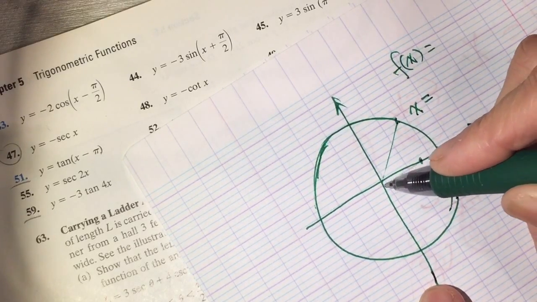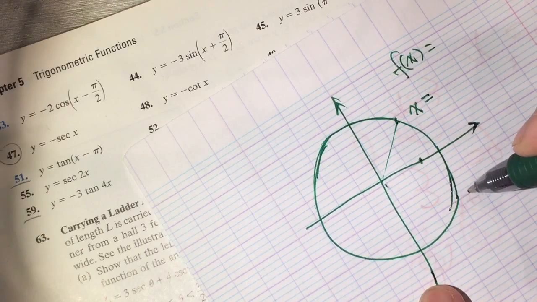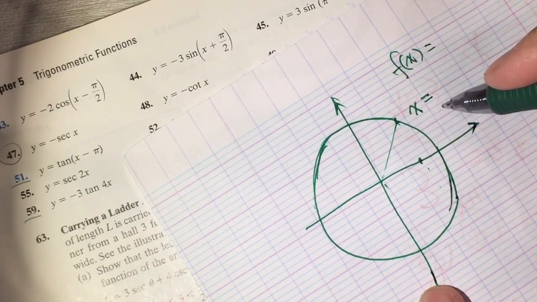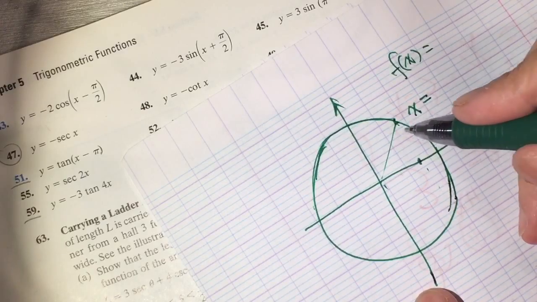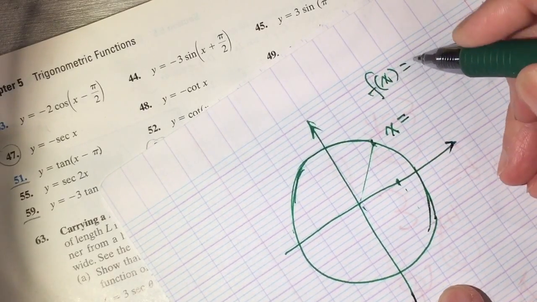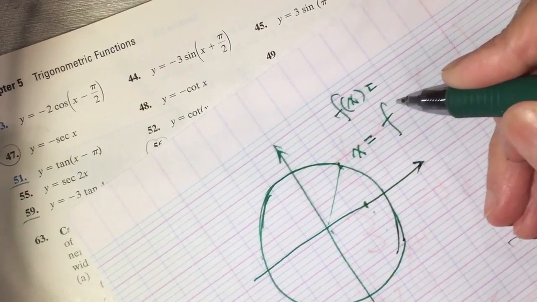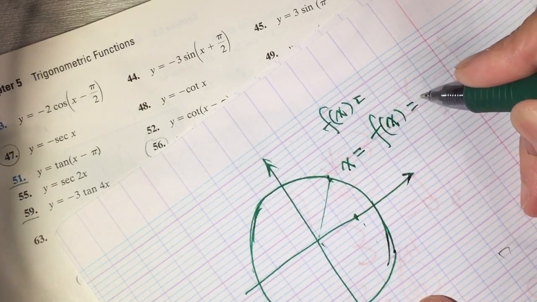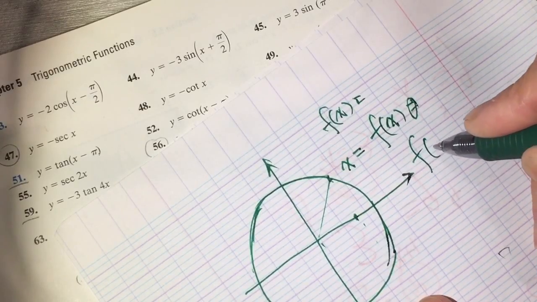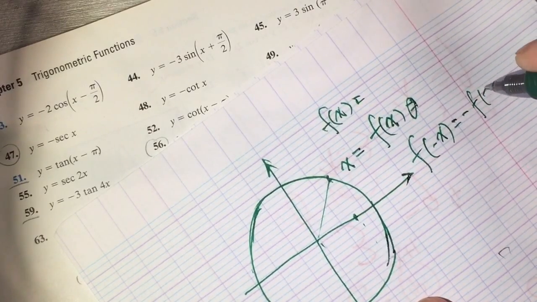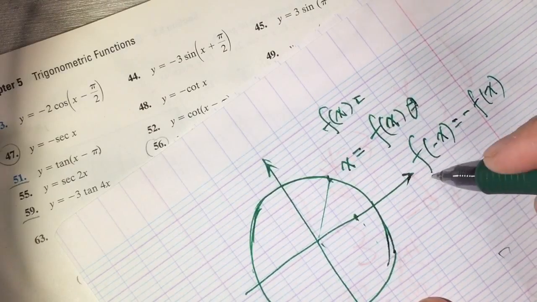equals negative f of x for the sine function.